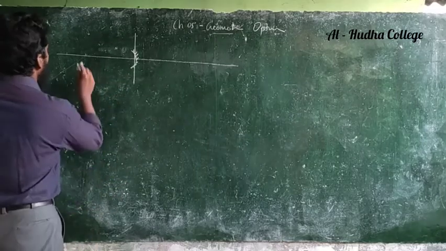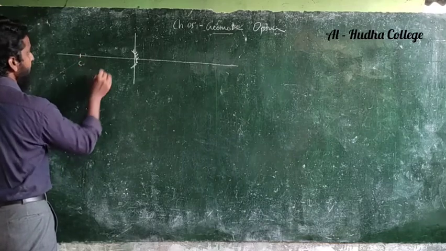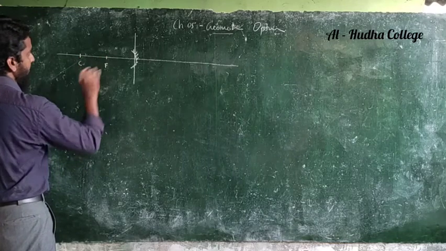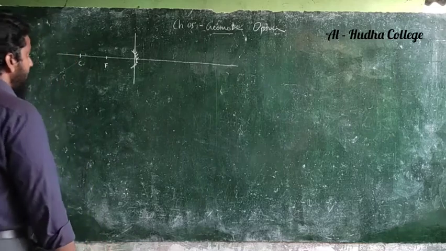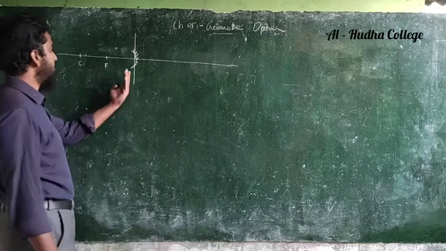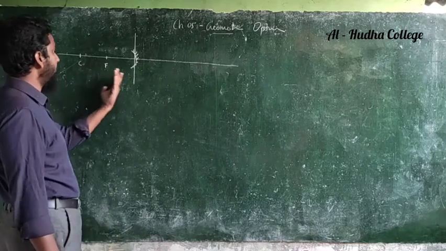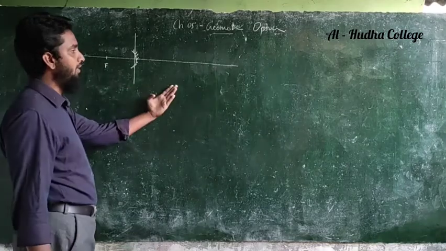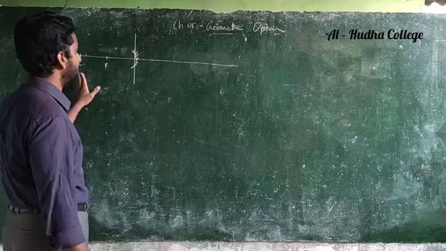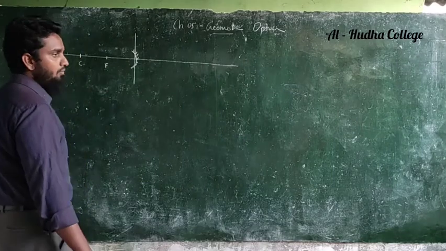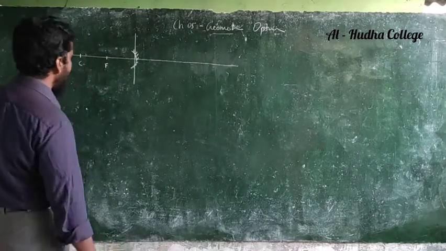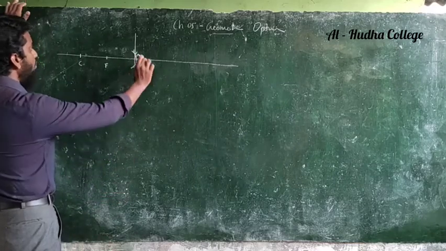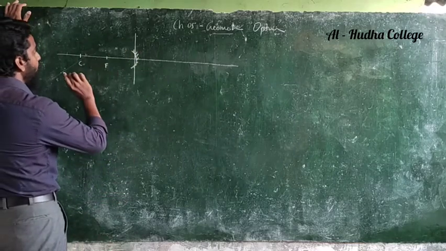Right now, I have the center of curvature here and the focus here, because I am selecting the front side of the mirror as this. At the back side of the mirror, no focus and no center of curvature is going to be there for the concave mirror.